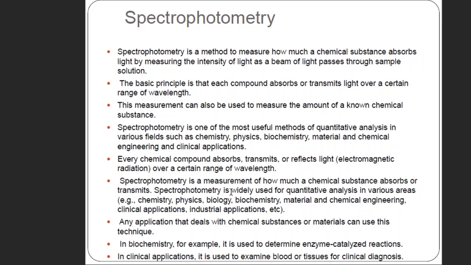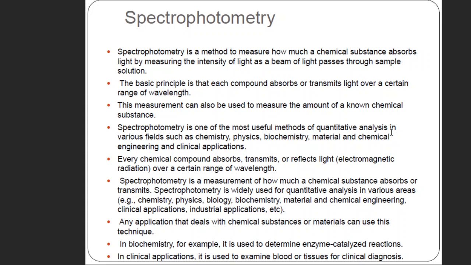The measurement can also be used to measure the amount of known chemical substances, that is, quantitative analysis. Spectrophotometer is one of the most useful methods of qualitative analysis. As we have discussed, qualitative analysis means whether it is present or not. For example, if you go to a physician and he suspects you have food poisoning, and thinks a particular compound may be present in your body, he can prescribe a qualitative test for identification of that compound.